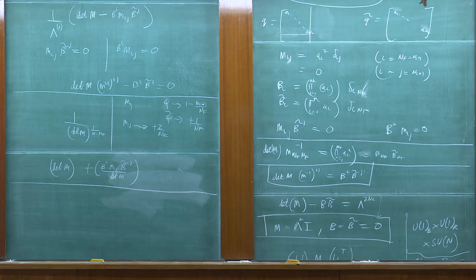But in this case, the anomaly matching condition is going to be more interesting, because there are more fields available to fluctuate on. You'll see how this works. So you are saying just from m equals q tilde q we had determinant to be 0, but here it's far from that.